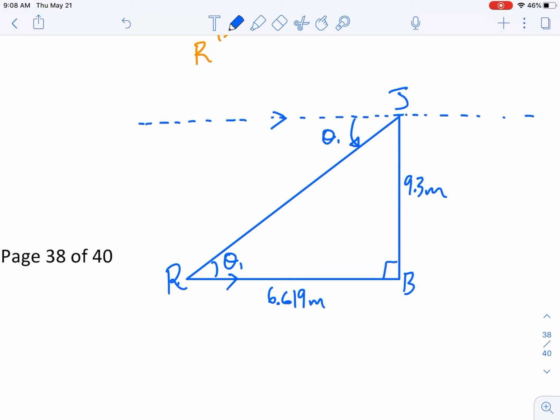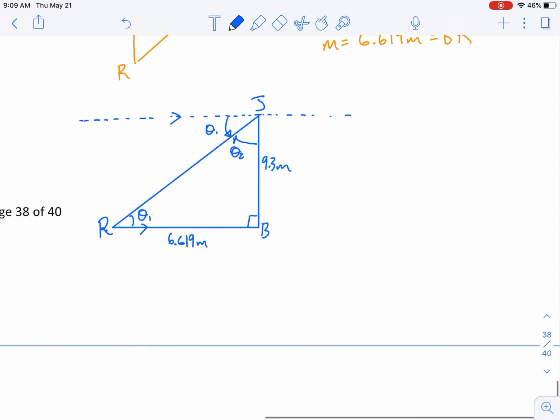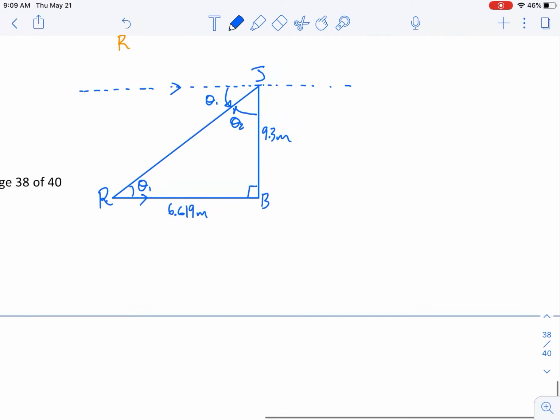So we could solve for that angle in the triangle, or we could solve for this angle right here, theta 2, and simply do 90 minus. And that's a common mistake, not knowing the definition of angle of depression. A lot of people confuse that question. They think they're actually asking for angle 2, or theta 2 there, but angle of depression measures from the horizontal downwards. So it must be theta 1 there.